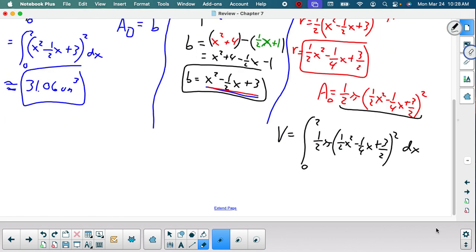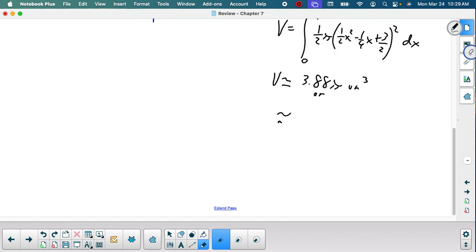If I type this in my calculator, I would probably pull out the 1/2 pi, but if I type all this in, and at the end multiply by pi and divide by 2, I should get 3.88 pi units cubed. Or if you wrote it out as decimals, did you end up getting 12.2?